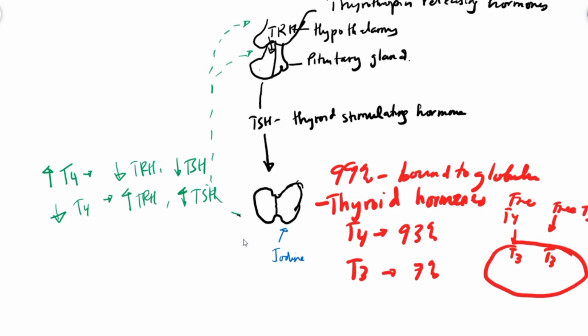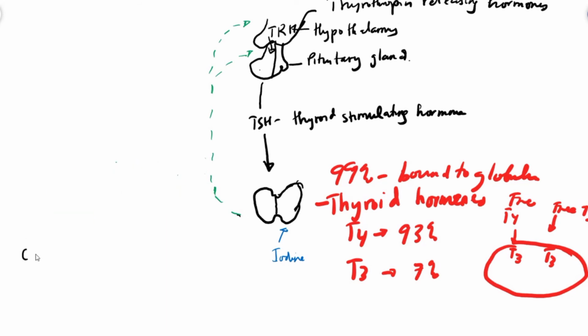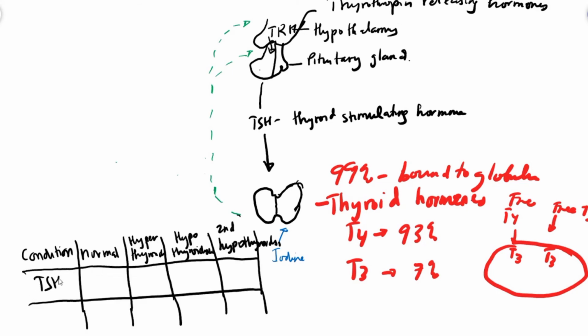I think it's better if we go to the conditions of people with hyper and hypothyroidism. So let's check. The first thing that healthcare providers will check, if doctors order a test for thyroid function, is a thyroid stimulating hormone test, TSH.